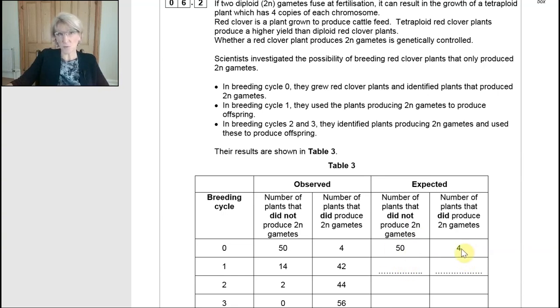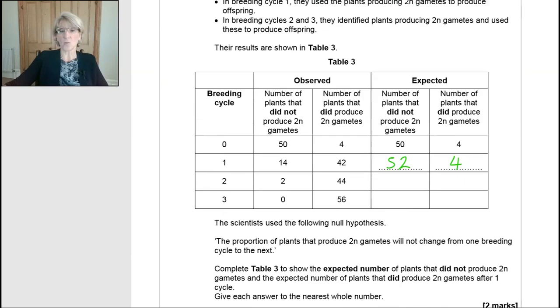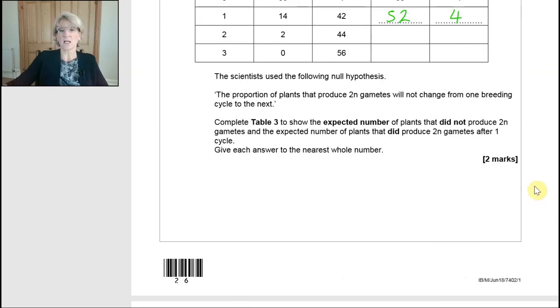So that's the proportion that I'm working with, but we didn't have 54 plants, we had 56, 14 plus 42. 50 divided by 54 times 56 gives you a number of 52 here and therefore 4 here. And I know that that is right, and that would have given me the 2 marks here.